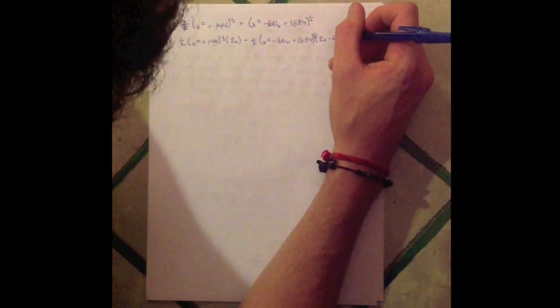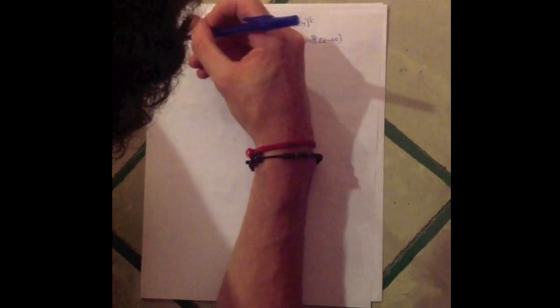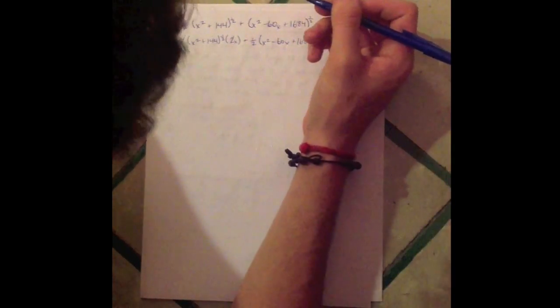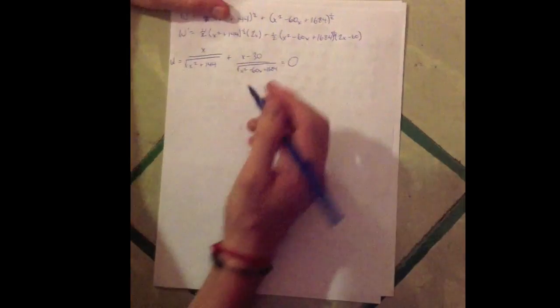We can do some cancellations here. We know that this 1 half and this 2 are going to cancel. So now we can set the equation equal to 0. Then we solve for x.